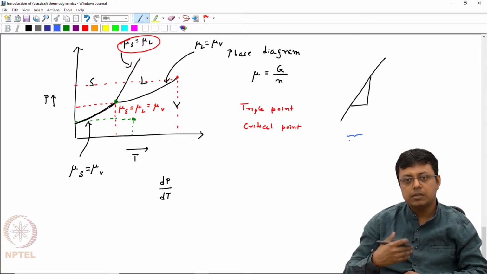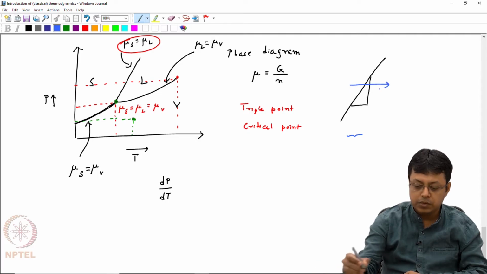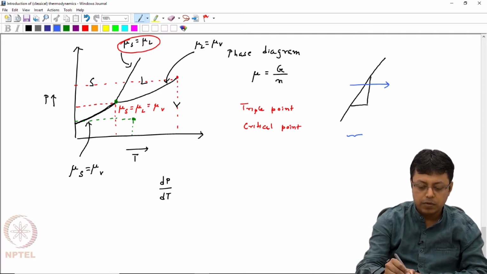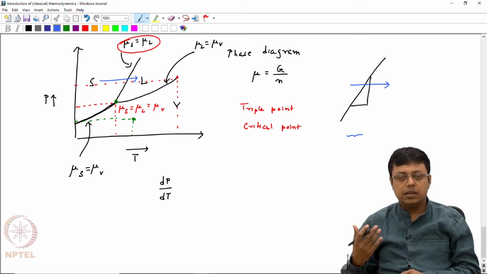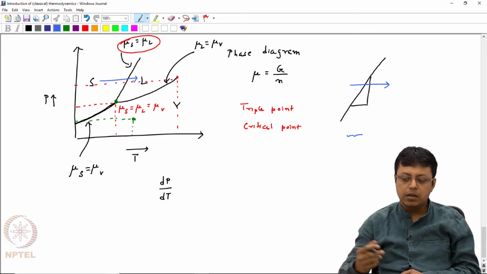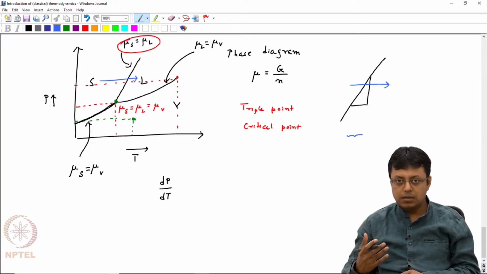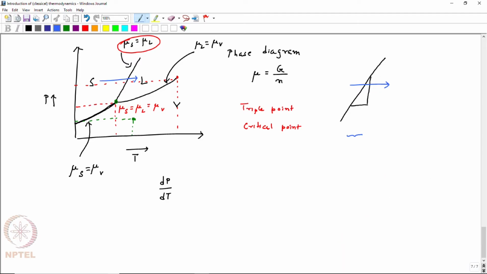Now for a substance like carbon dioxide, going from solid to liquid, as I go from here to here, we are going from the solid to the liquid region, and you will see that the liquid volume is larger than the solid volume. So the slope is more or less proportional to the change in molar volume for the solid to liquid transition, which is V bar of the liquid minus V bar of the solid.